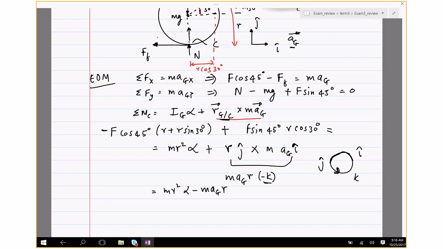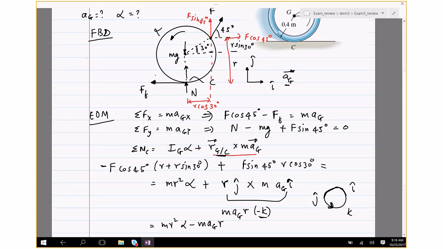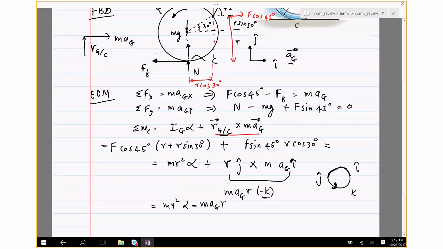If you do not like to use this equation, what you need to do is look at m aG and the vector r G with respect to C and see the effect of the force m aG. What is the moment due to m aG acting the way I've shown? It's clearly going to move the disk clockwise, or apply a force in the clockwise direction. And that's why there's a negative sign, because my convention is counterclockwise positive. So that's another way of thinking of it if you do not like to use the vector product.